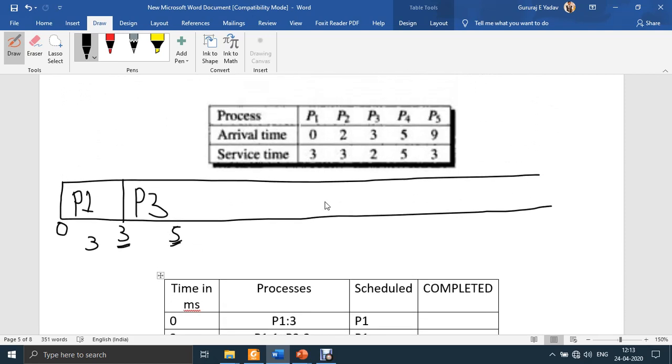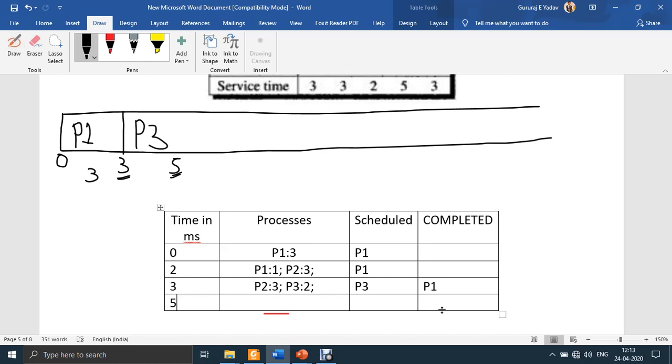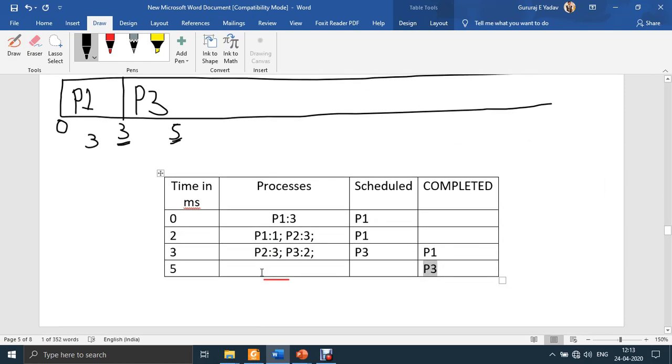Now, which are the remaining processes? P3 is completed, so you need not consider it. But P2 is still present and ready to execute, so you write P2, and it still requires 3 milliseconds because you have not yet given it a chance to execute.